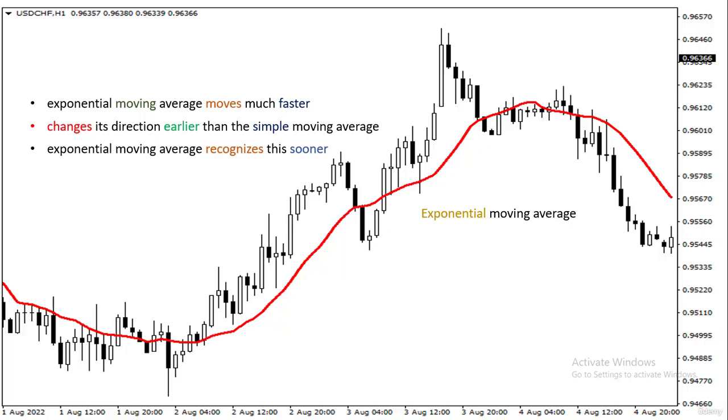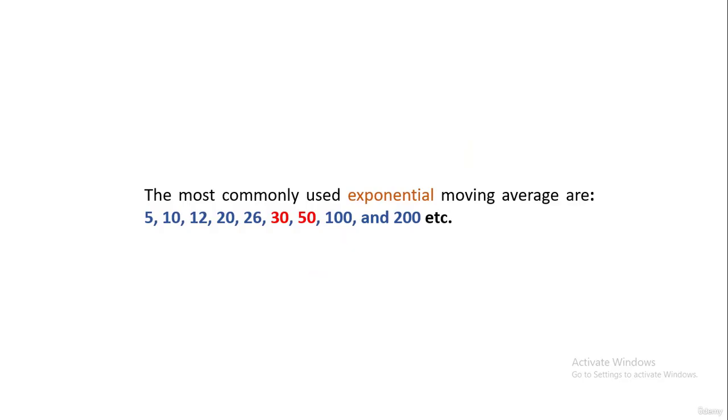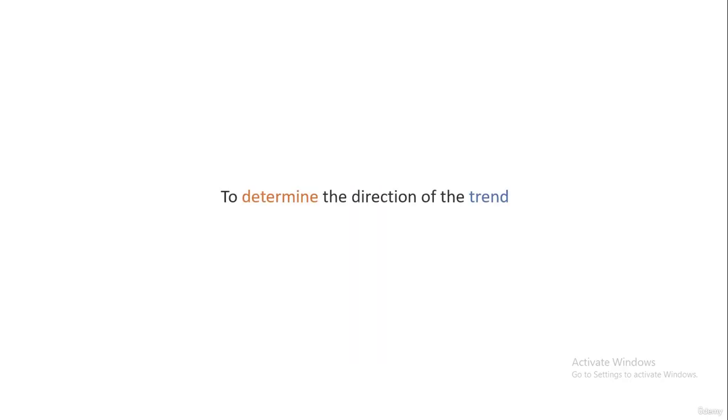It also waits for the price to turn. The most commonly used exponential moving averages on the price action chart are 5, 10, 12, 20, 26, 30, 50, 100 and 200, etc. Basically, the 30 and 50 exponential moving averages are mostly used to determine the direction of the trend.